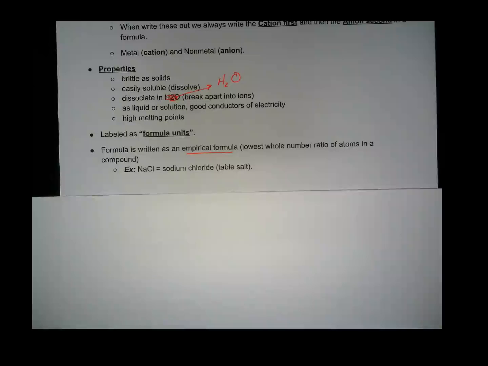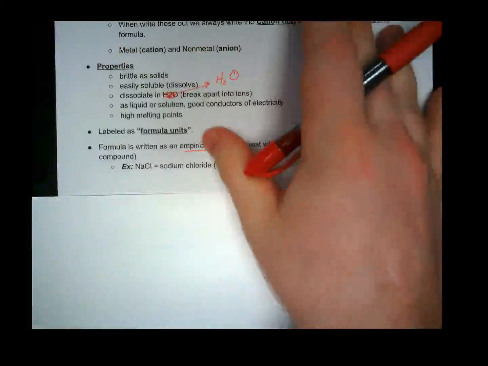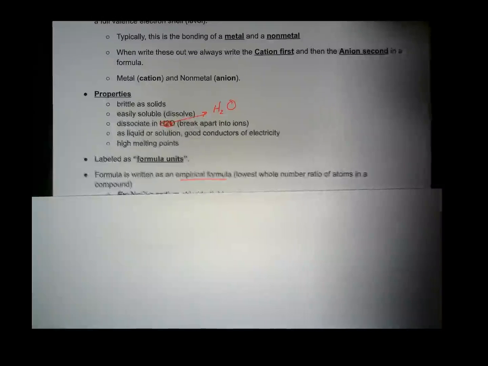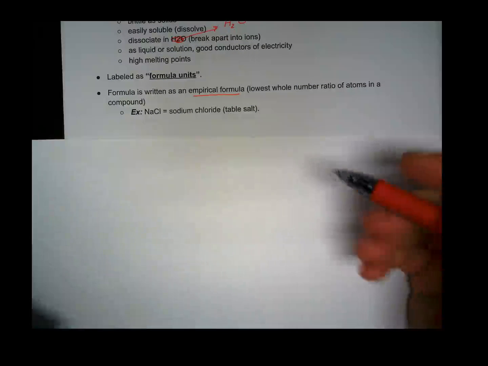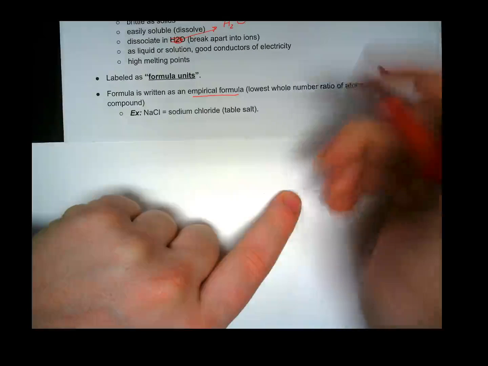Okay. So this is where we tie it into the Lewis dot structure right here. Let's take a look at NaCl, sodium chloride. Ionic bonds would be like this.